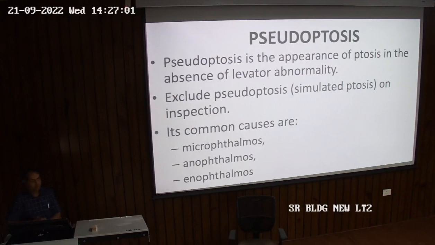Another type is pseudoptosis, when there is no ptosis but it appears like a ptosis. Appearance of ptosis in the absence of levator abnormality. Exclude pseudoptosis on inspection. Common causes are microphthalmos and anophthalmos.